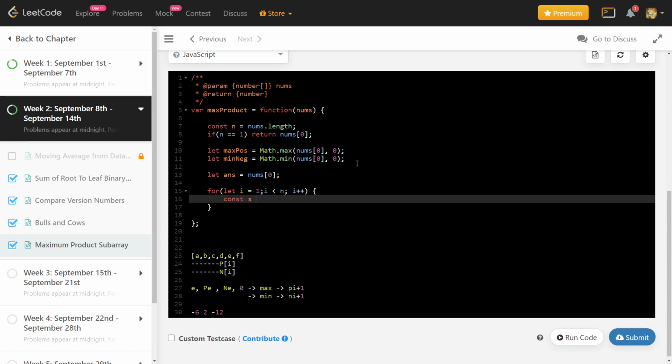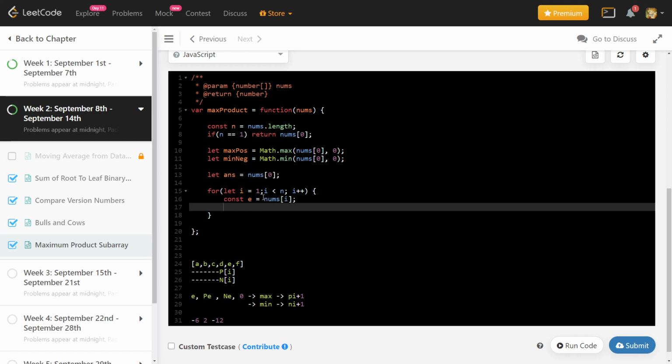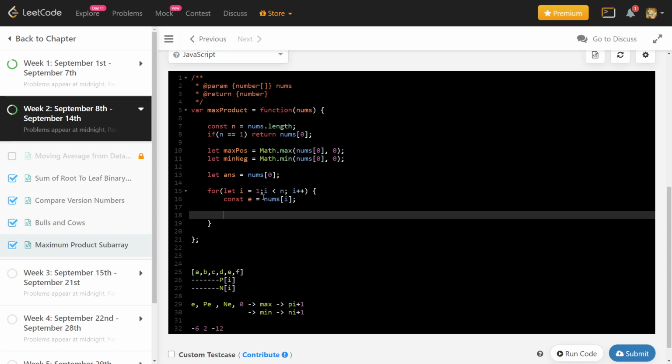Let e be the current element, which will be nums[i]. Then what is the value of the current max pos?